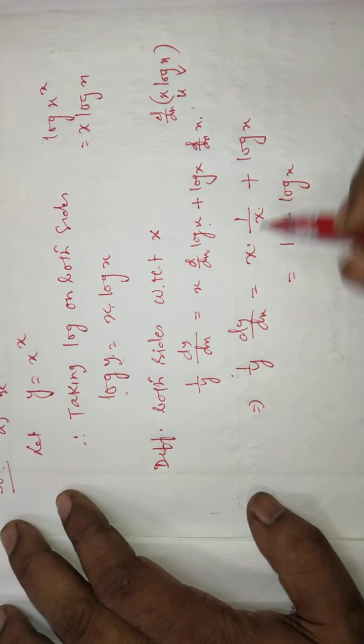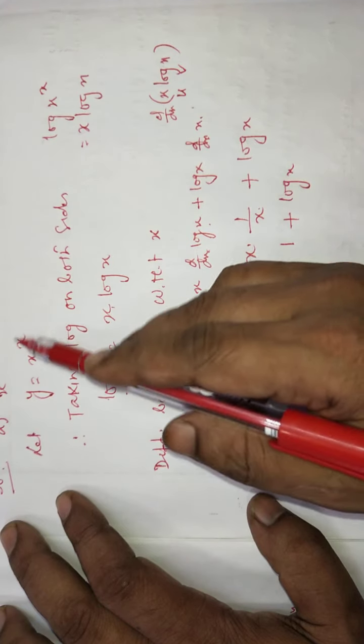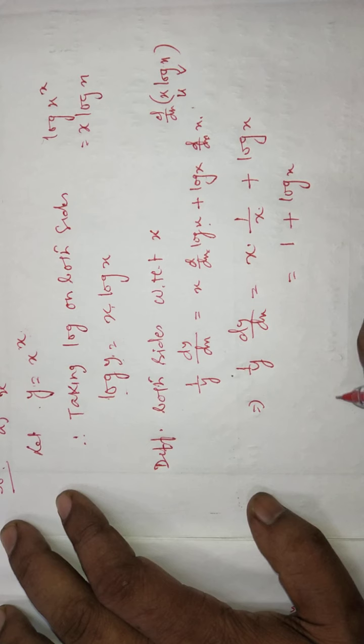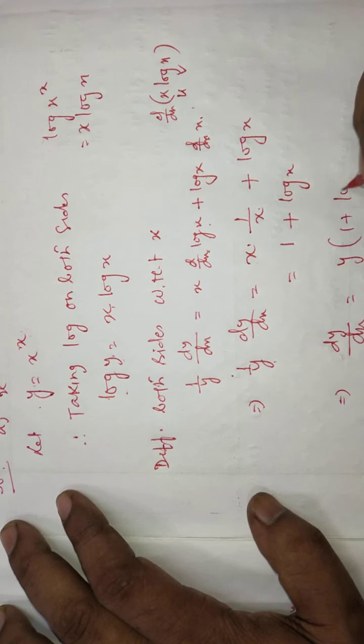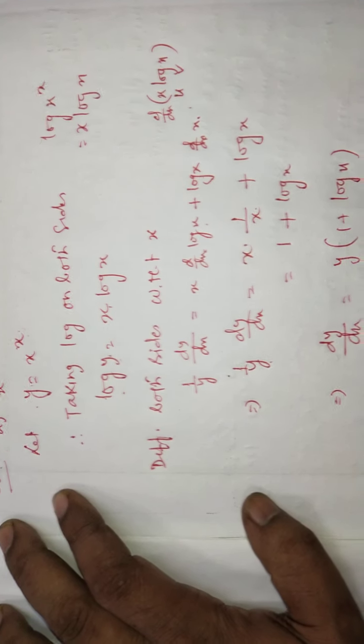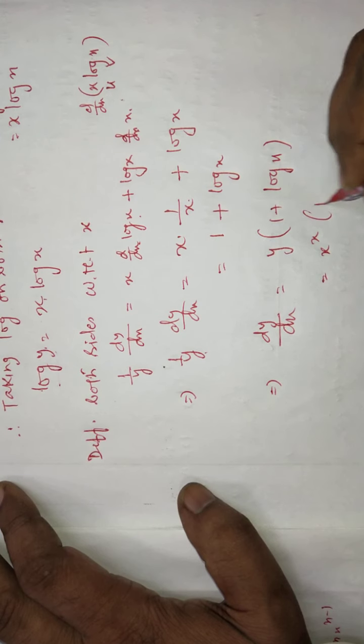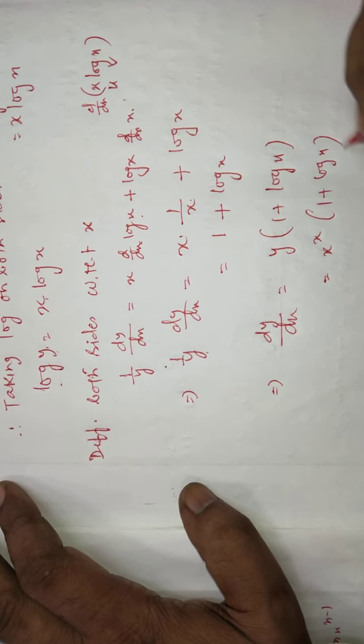Your aim is to find the derivative of this function, that means you have to find dy by dx. So dy by dx, this 1 by y goes to the right hand side and will be multiplied: y into 1 plus log x, and finally what is y? It is x to the power x, and you get this result. So this is your answer.